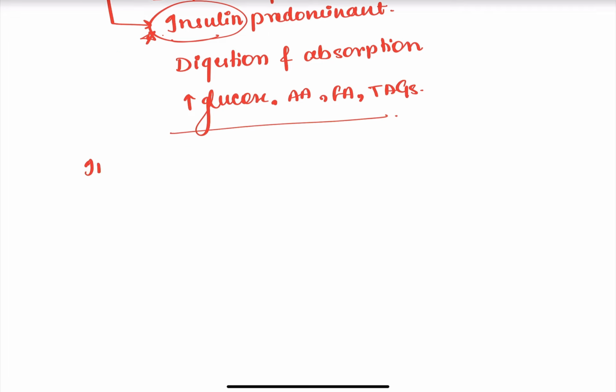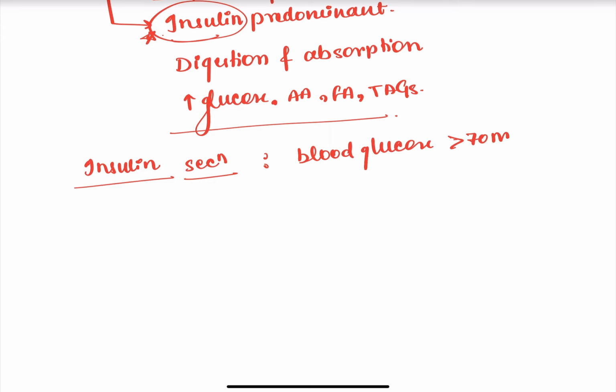The insulin secretion begins to rise when the blood glucose will be more than 70 milligram per deciliter, or in moles it can be 3.9 millimoles per liter.